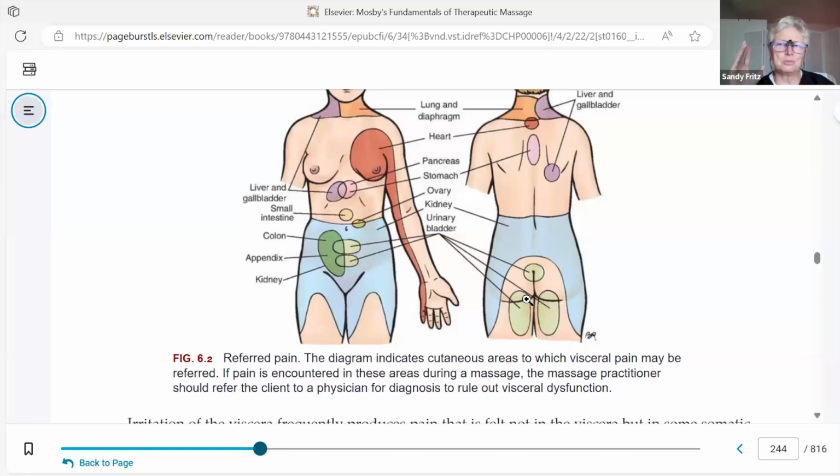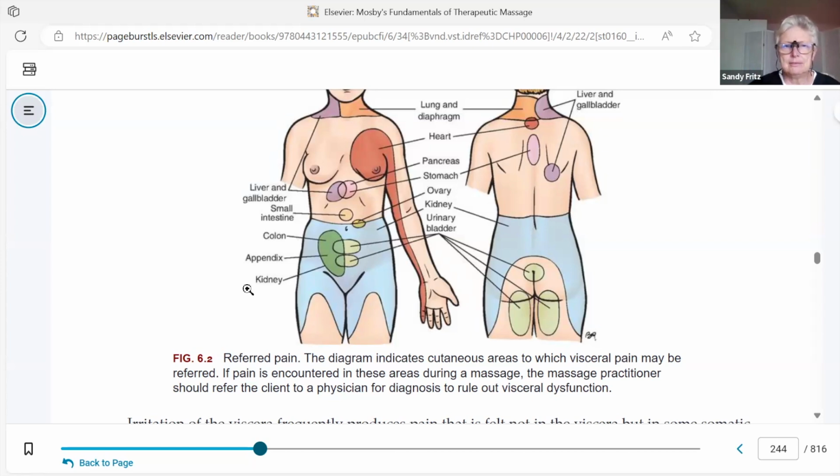A way to sort of differentiate between visceral referred pain and more of a somatic muscle bone joint thing is that if it is muscle bone joint, you should be able to position yourself somehow into an ease position where the symptoms will diminish.